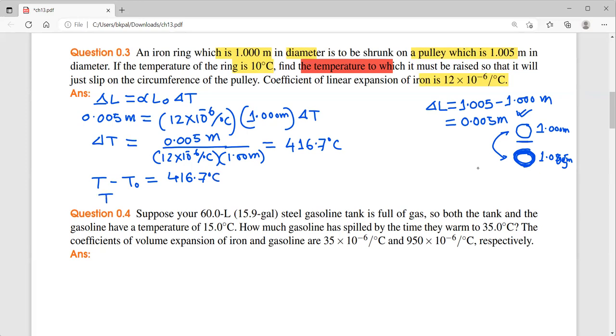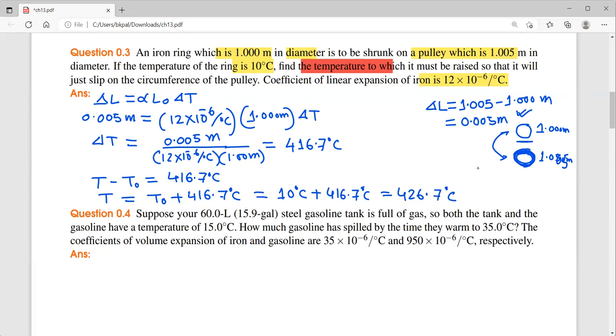We have to calculate the final temperature, and that is equal to T0 plus 416.7 degrees Celsius. T0 is given as 10 degrees Celsius. So 10 plus 416.7 is equal to 426.7 degrees Celsius.